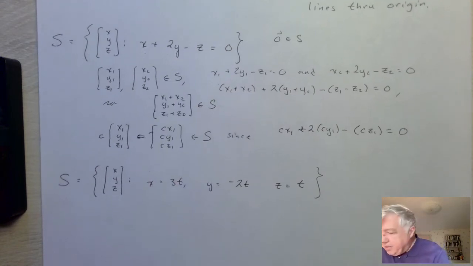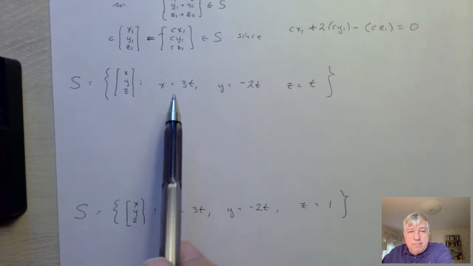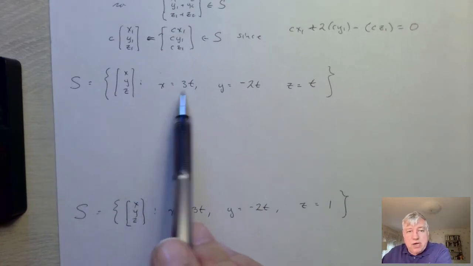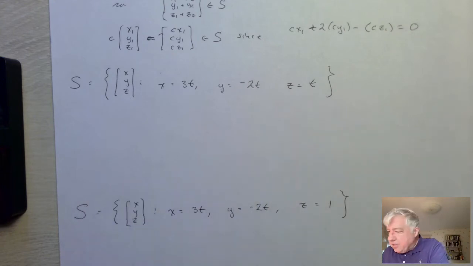So this plane is a subspace. Also, if we take a line passing through the origin, let's say it's parameterized by these equations, this will also be a subspace.